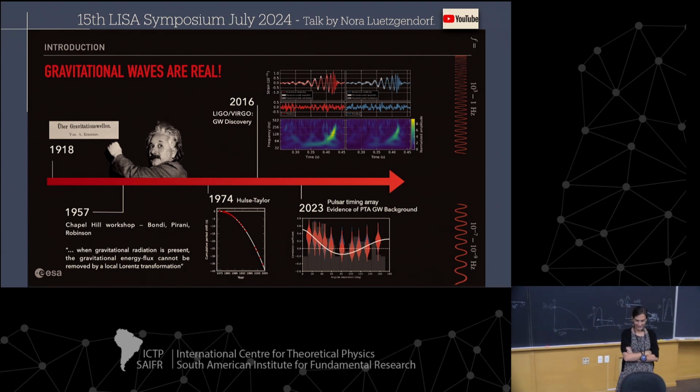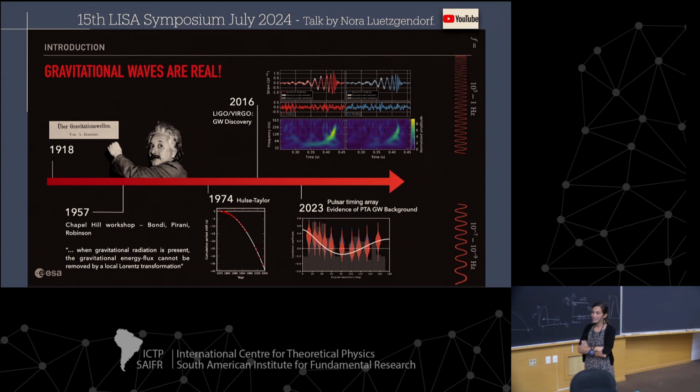So in '57, there were several independent works, including Feynman's, that convinced other people that, yes, they carry energy. Basically, the famous argument that went through the history was the argument by Feynman. He said, look, if I have two test masses and a gravitational wave passes, they will start oscillating and then go to rest. But they will not gain any energy, okay, because they are in free fall.